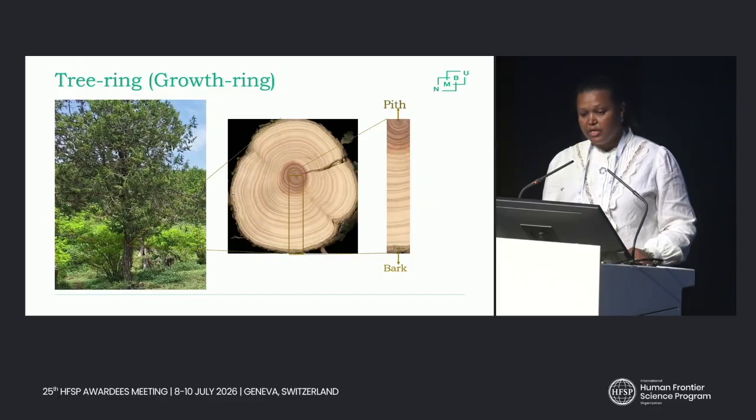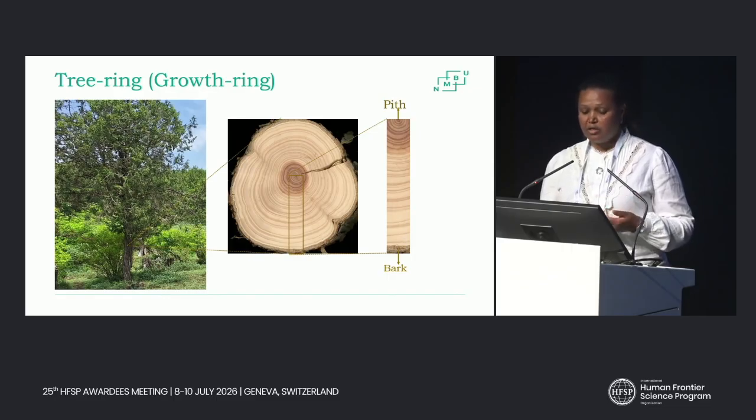If we zoom in a little bit, we have the center, which is called the pith, and the ring near the center is the oldest or first ring, and near the bark is the latest or new ring. Depending on when the wood was taken, it could be a fully developed ring or a half developed ring.